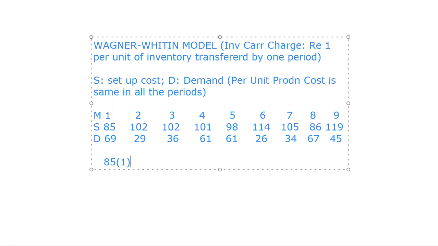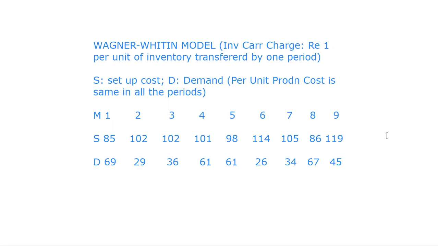Okay. So if I produce in the first period, it is optimal for the first period. Now I consider a 2-period problem. If I'm producing in period number 2, let's go one by one. Yeah, so Siddhant Modi, you would answer this question.